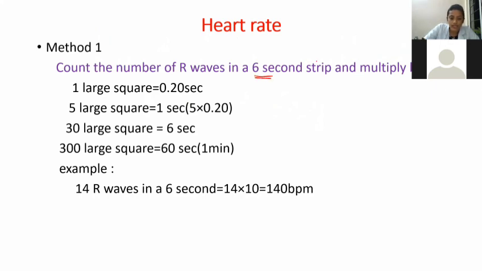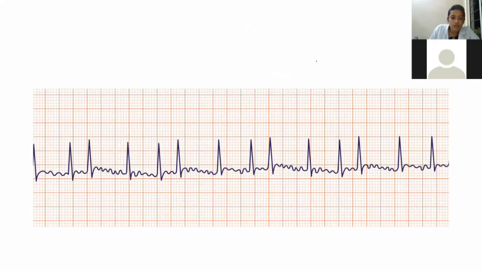Here we can see an ECG. By seeing it, we know that it is an irregular ECG. This method is mainly for assessing heart rate in an ECG with irregular rhythm. So you have to count the R waves in it.